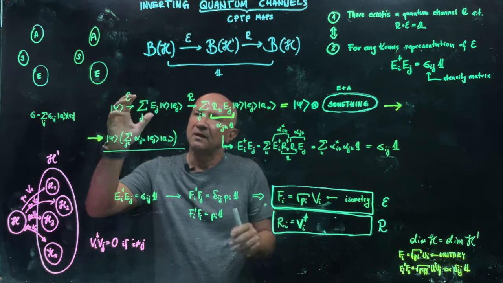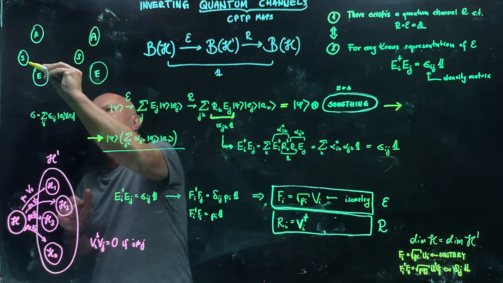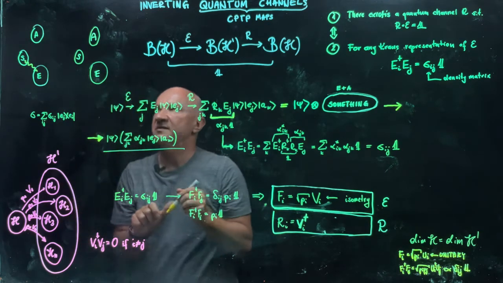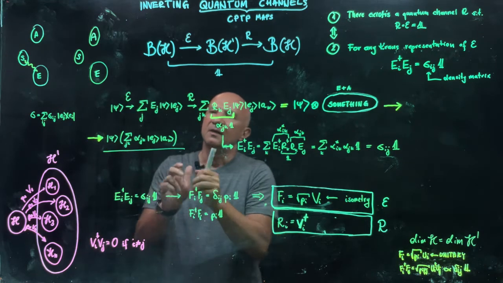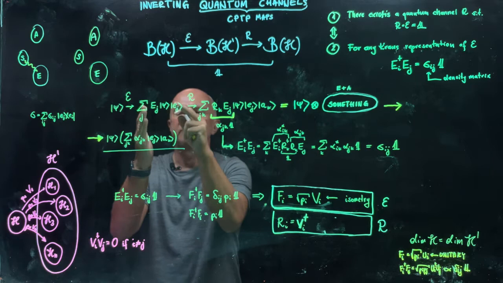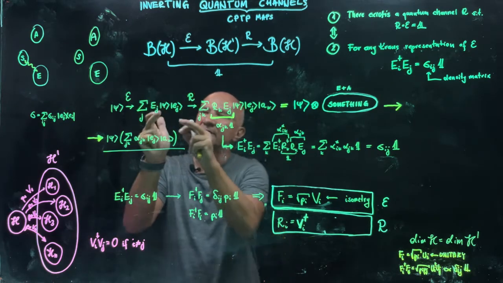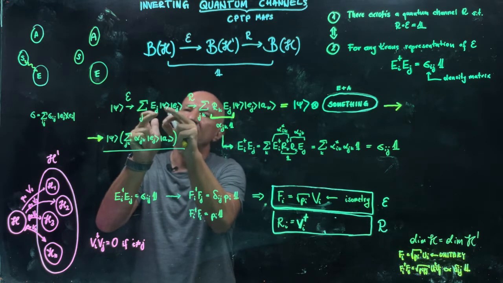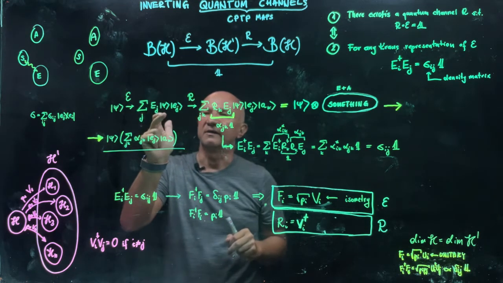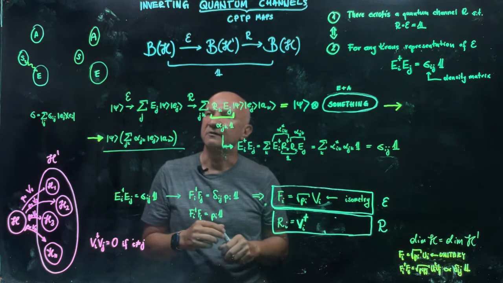So the system gets entangled with the environment, and we have a superposition of states of the system. Now they are vectors in H prime, so each Kraus operator here will take psi into a vector in H prime, and the respective state of the environment e_j.